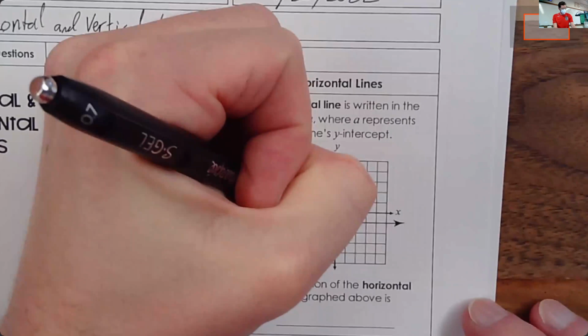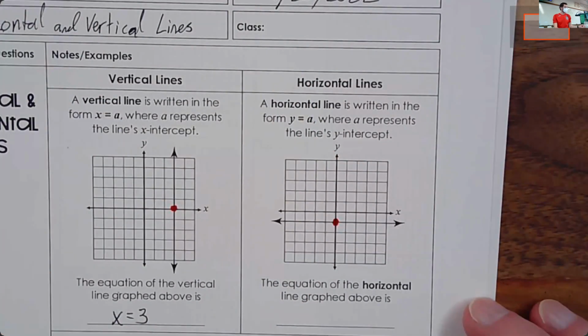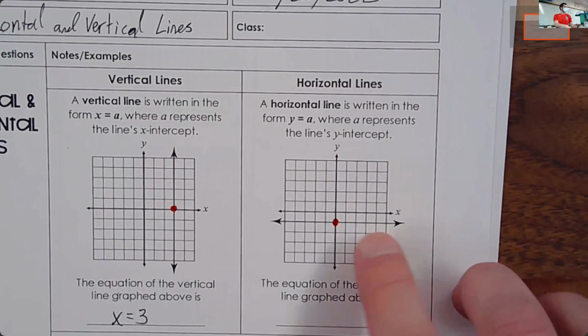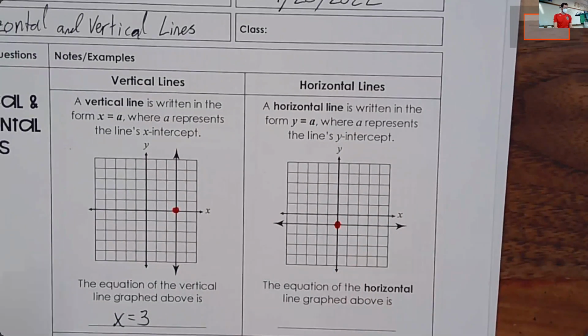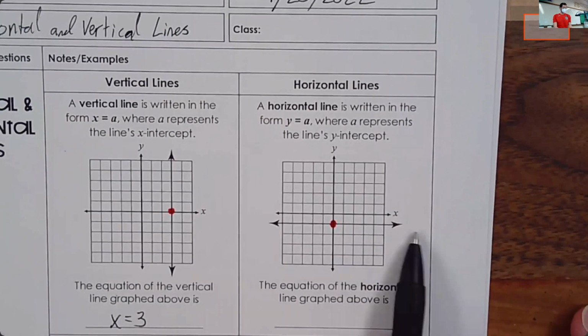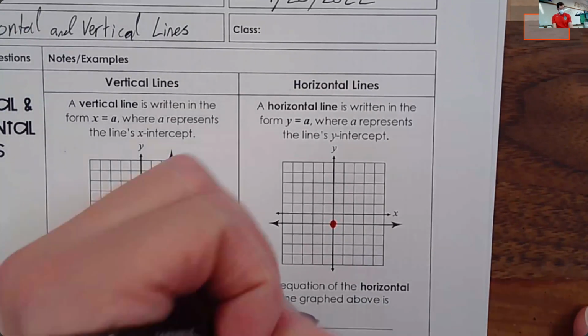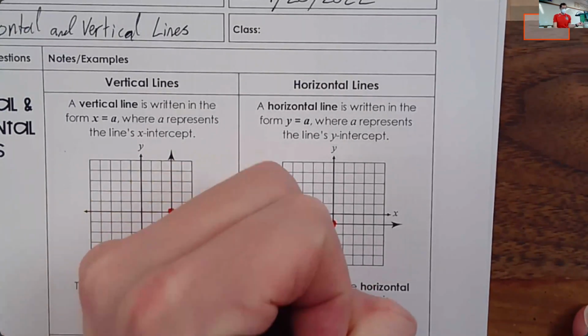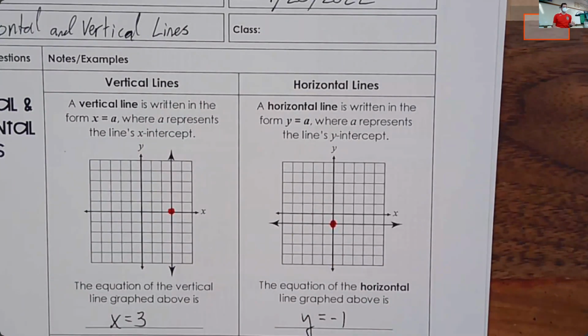Wherever that line crosses the y-axis is the y-intercept, and the y-intercept is the answer. So what is the y-intercept of this line right here? Where does this line cross the y-axis? At -1, yeah. So it's y equals -1, exactly. So whatever the intercept is, is the entire equation. That's it.